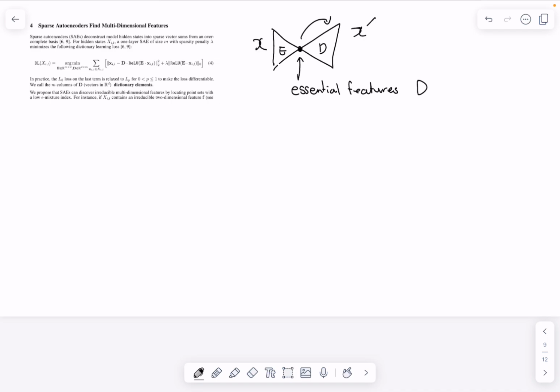Thus, the process by which an SAE identifies multidimensional features involves the following steps.